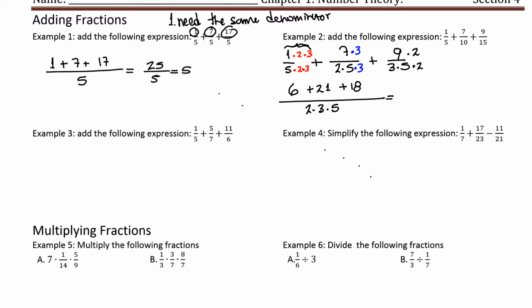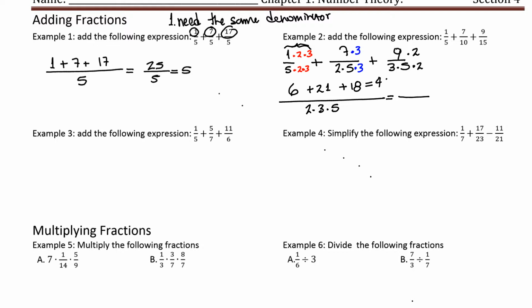Now, I'm going to hold off in simplifying the bottom, because what we need to do is see what number we get when we add all of these together. Let me double check my math. 6 plus 21 is 27. 27 plus 18 is 45. Okay, so we're going to get 45.